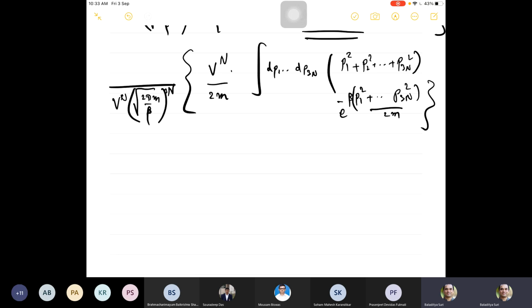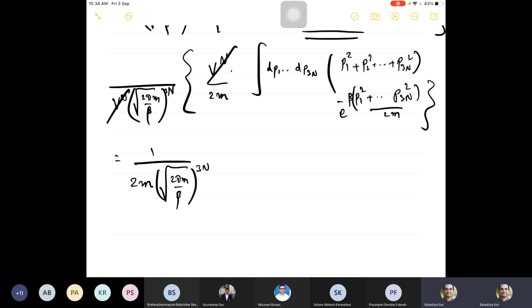We are slowly chipping away the difficulty of this integral. So v power n goes away, and that now becomes 1 by 2m, square root of 2 pi m by beta power 3n.